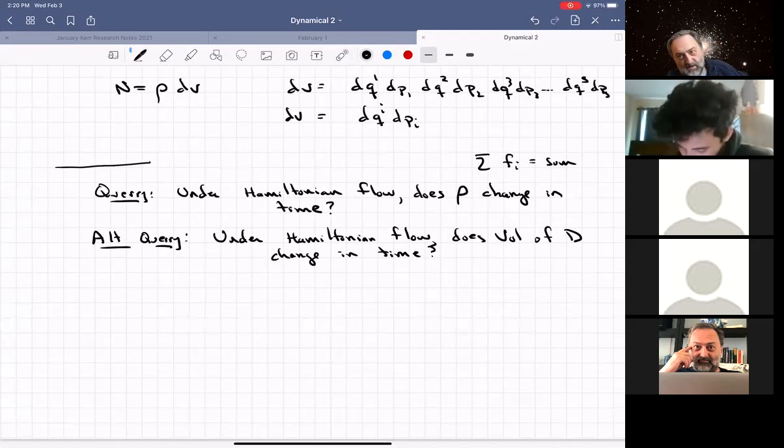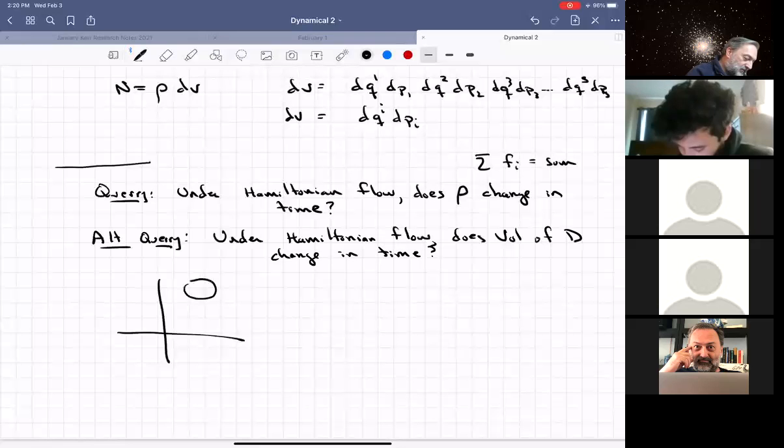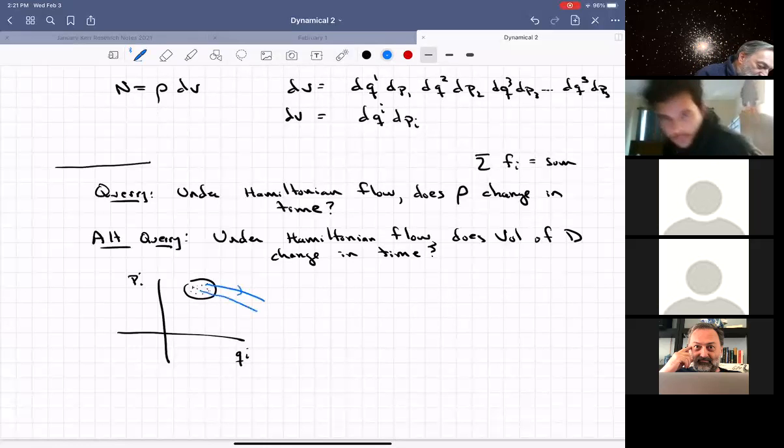The question we want to ask is, if I start off with some disk here in the pi qi state, this disk corresponds to a bunch of different points, and each one of those points flows according to Hamiltonian dynamics somewhere.